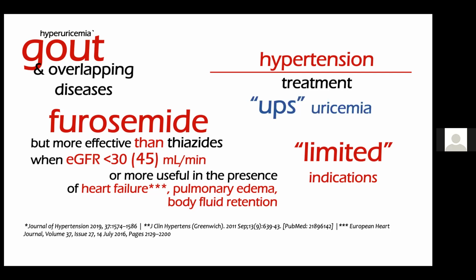It is coming to replace thiazide, not to be added to thiazide when it comes to hypertension. And furosemide should never be considered more effective than a thiazide, and it will never be a first-line therapy for hypertension if these criteria are not met.